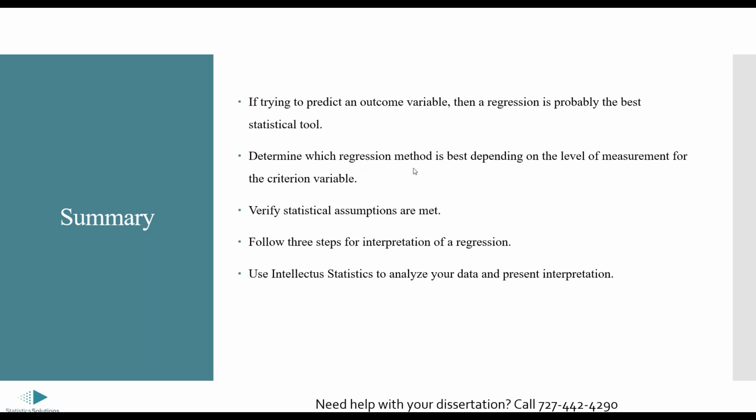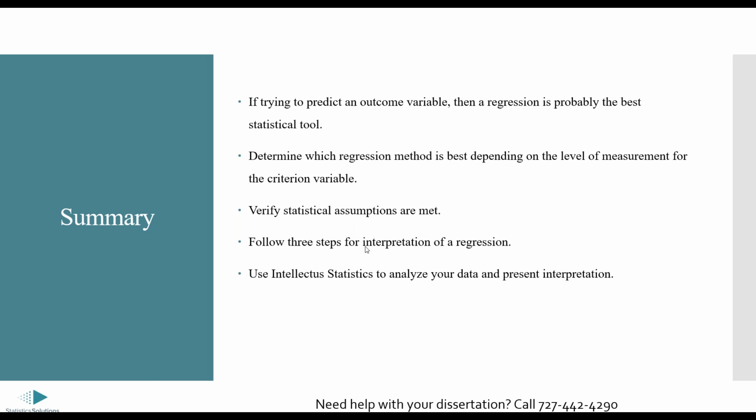You need to determine what method of regression is best, depending on the level of measurement for your criterion variable. So continuous data would be linear, nominal would be a multinomial or binary logistic regression, and an ordinal dependent variable would be an ordinal logistic regression. Then you need to verify whether your assumptions are met.